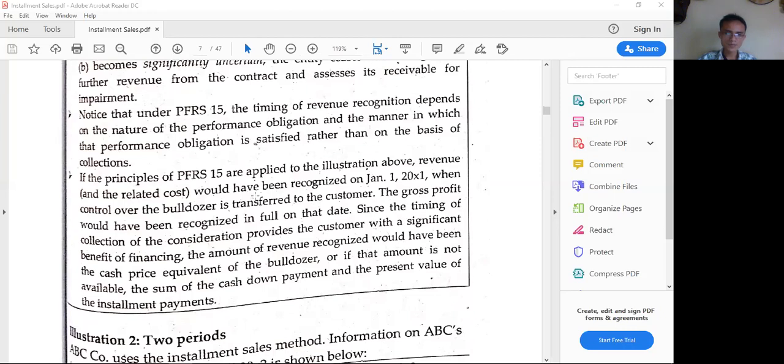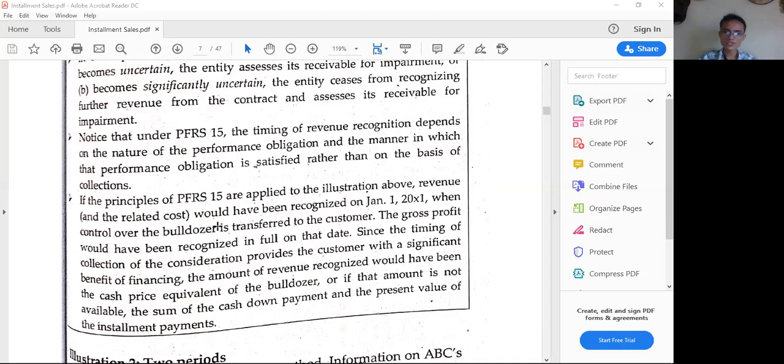And then if there's really a clear transfer of control and there are no doubts as to collectibility, then at inception date there would be recognition of sale and the gross profit will be recognized as a whole in the income statement, or profit or loss, or statement of comprehensive income.